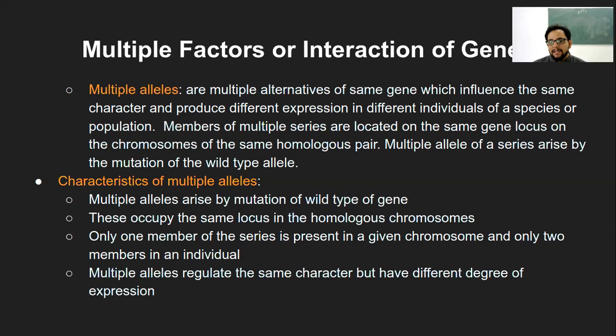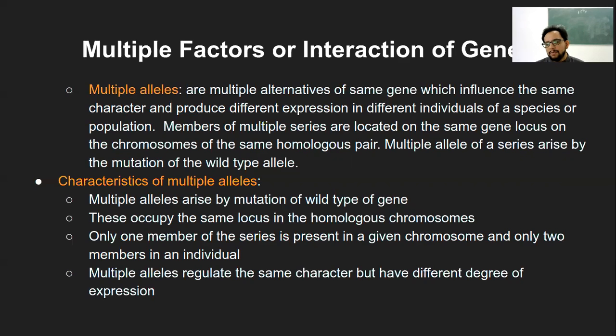Multiple alleles arise by the mutation of the wild type allele. Usually what we say is wild type is whatever exists in nature and is dominant. Over time it can mutate and create a mutated copy, and that mutated copy also stays in the body along with the wild type copy.